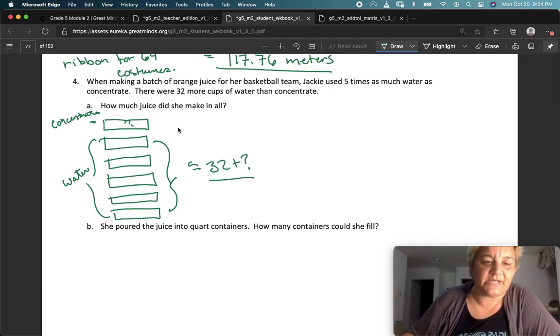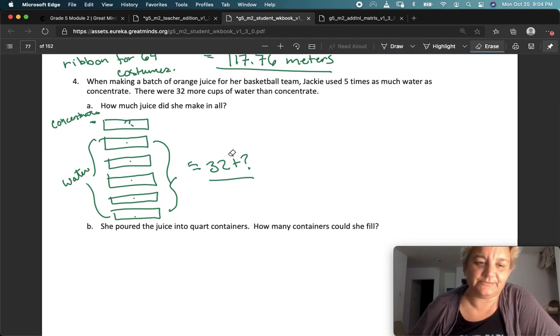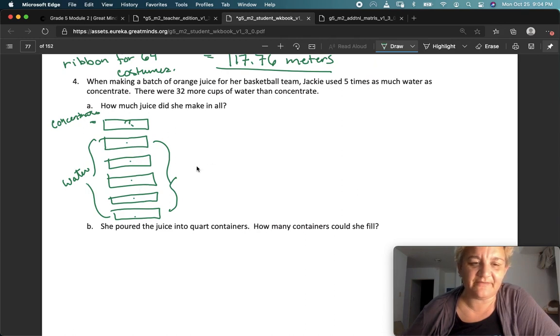What we need to do then is figure out what each of these is, right? Now I know that all together those equal 32. So I'm going to have to divide 32 by what? 1, 2, 3, 4, 5. 32 divided by 5. 5 goes into 3 0 times. 0 times 5 is 0. 32. 5 goes into 32 6 times.